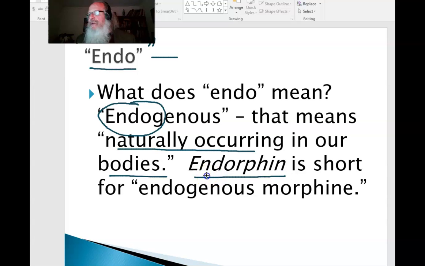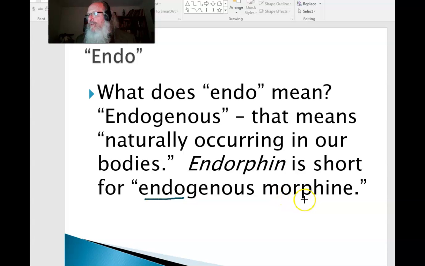So for instance, when we talk about endorphins, endorphin is short for endogenous morphine.